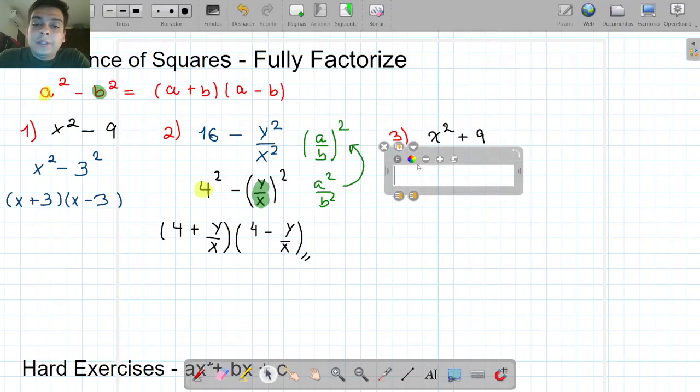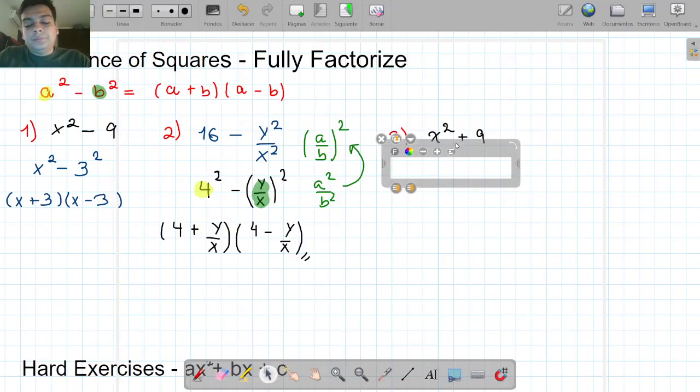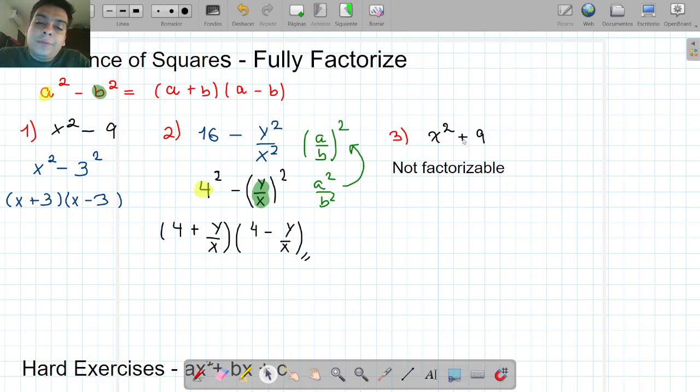So if in your exam you have something like this, we just don't write anything, or we can write not factorizable. You cannot factorize this, it's impossible. There is no addition of squares, only difference. If you take a closer look, this is addition. We don't have addition of squares.